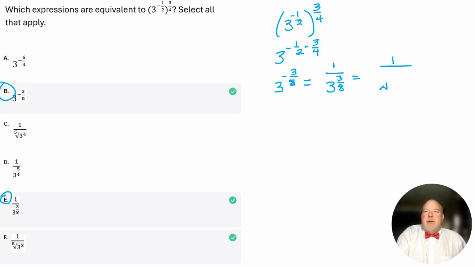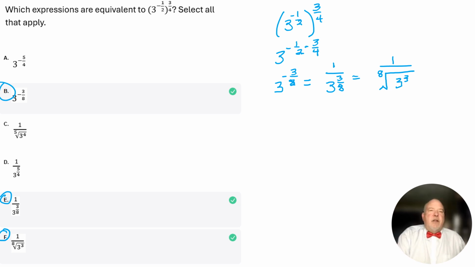And so I can write this using a radical. And so I have the 3 to the 3rd in here, and then the 8 is telling me what root they want. So the 8th root of 3 to the 3rd. So that's another equivalent form. And so if I look at F, that's equivalent to that.